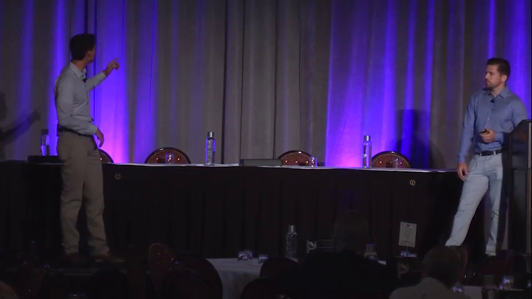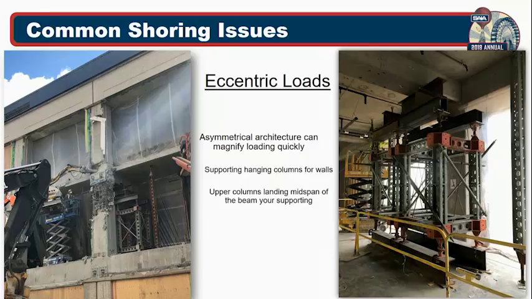Another example is this project where we put together a shoring system to support the 3rd and 4th floors of a building so they could demo out the 3rd floor column. But during the initial planning phase, the scope changed, and it turns out that they're not only going to demolish the 3rd floor column, but also the base of the 4th floor column.